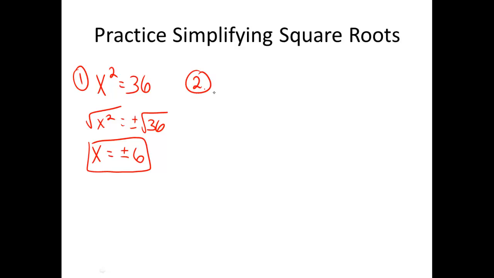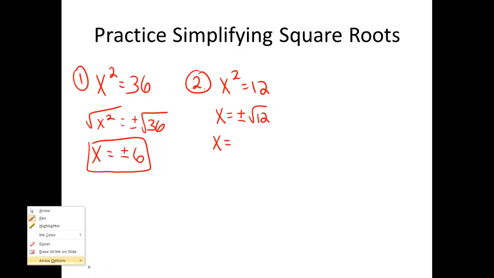All right, let's do a square root that isn't perfect. Let's say x squared equals 12. We're still going to start out the same way, take the square root of both sides. So we get x equals plus or minus the square root of 12. What we want to do with 12 is break it into perfect squares. Remember our perfect squares, we can make a little list.